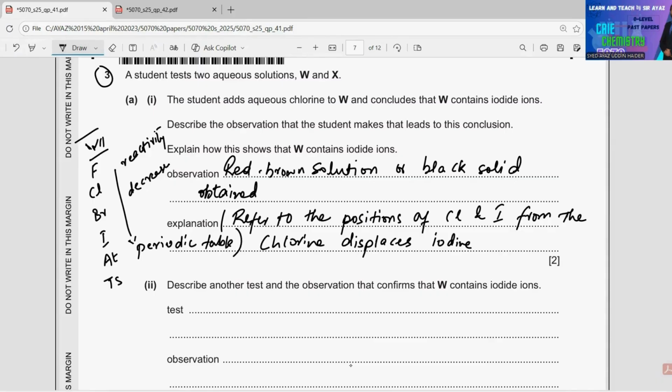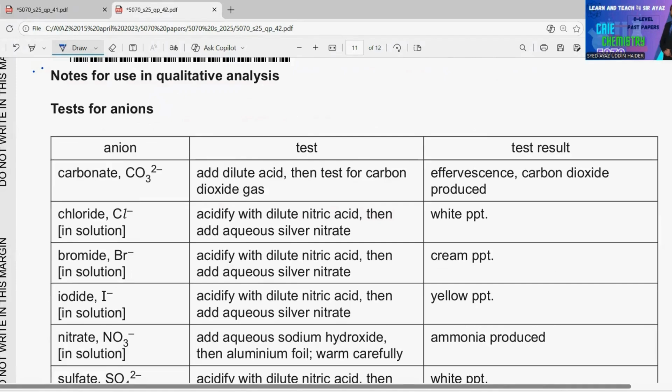Part 2, describe another test and the observation that confirms that W contains iodide ions. Now look at this qualitative analysis list. This is for the iodide ion. It's an anion, so you have to acidify with dilute nitric acid and then add aqueous silver nitrate. A yellow precipitate will be obtained.